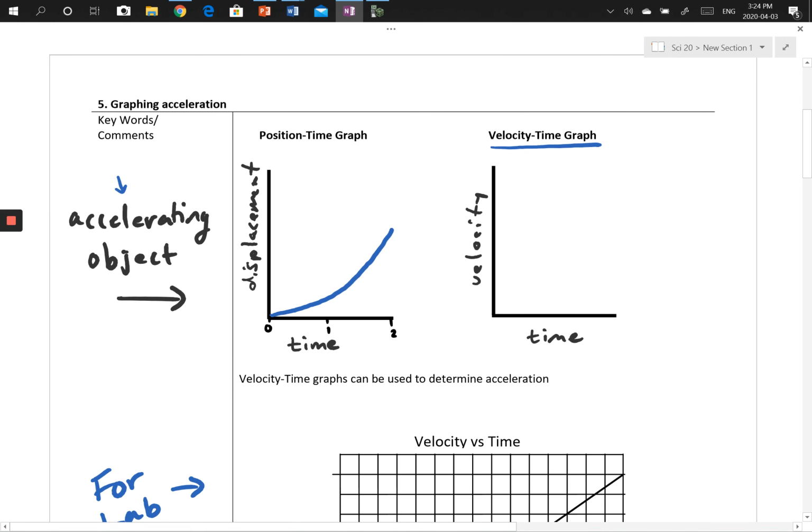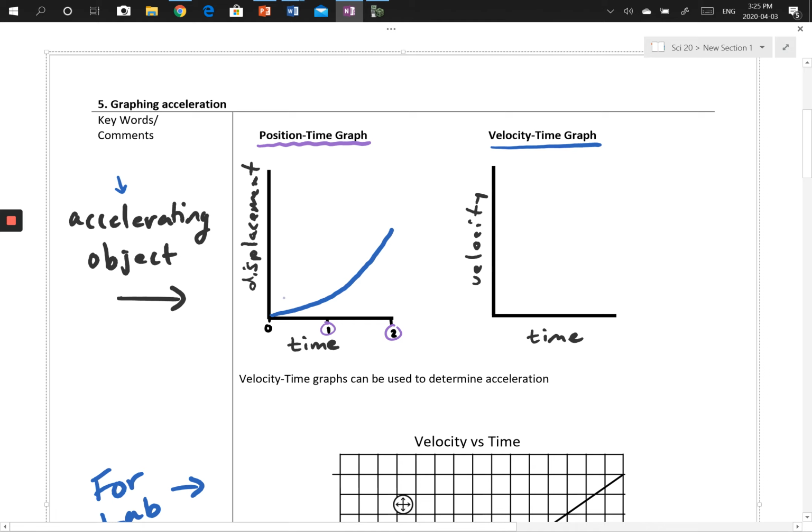When we look at the first graph here, this would be a position time graph. And you notice when we're looking at an accelerating object, we have a curved line that was built here. So what that means basically is, let's say we have 1 second, 2 seconds down here.